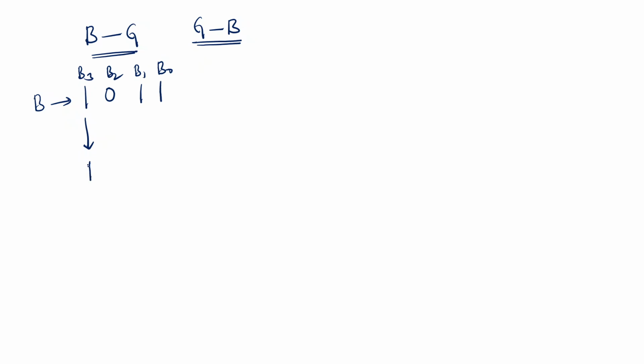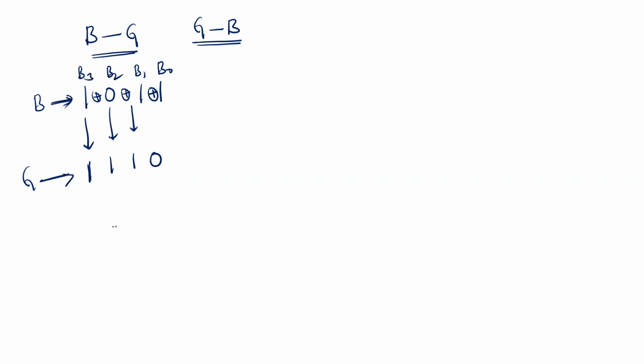Whatever the value is, directly take the first bit, and for the adjacent bits you do the XOR operation. Binary to gray code. 1 XOR 0 gives 1, and 1 XOR 0 gives 1. 1 XOR 1 gives 0. This is the gray code for this binary representation.